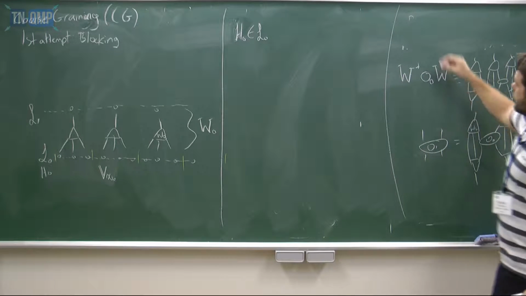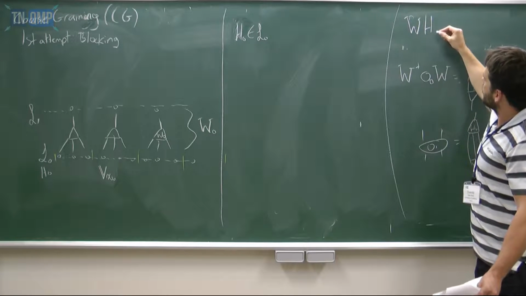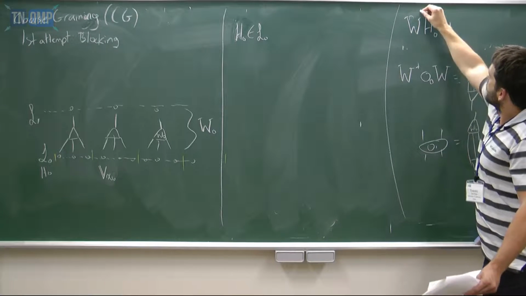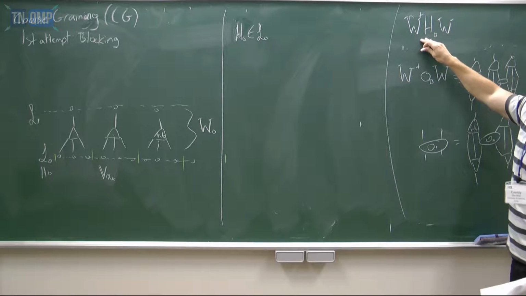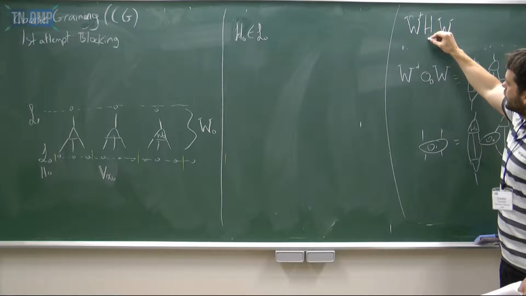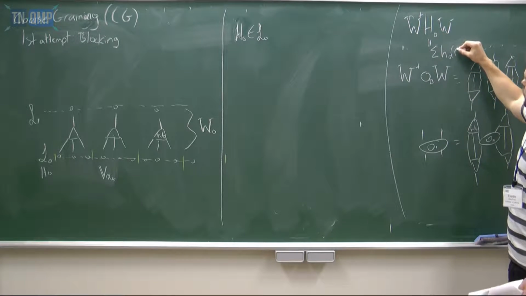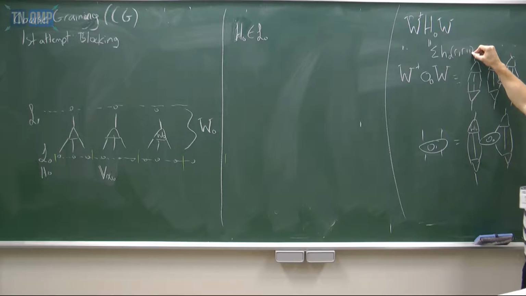How does a local Hamiltonian map? So if I have W dagger acting on a Hamiltonian, H acting on W, that equals a sum over some local terms. So let's just say 2-site.